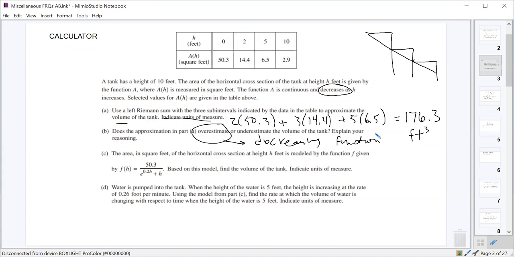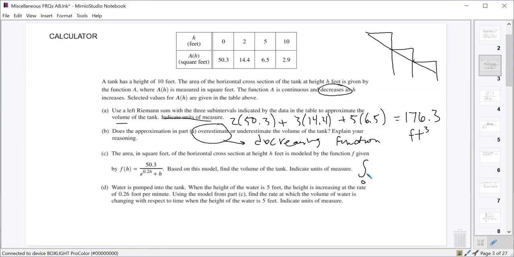Part C, they give us a new model for the area, which is f of h. Based on the model for f of h, find the volume of the tank. So how do we do that? Integral from 0 to 10 of that function.